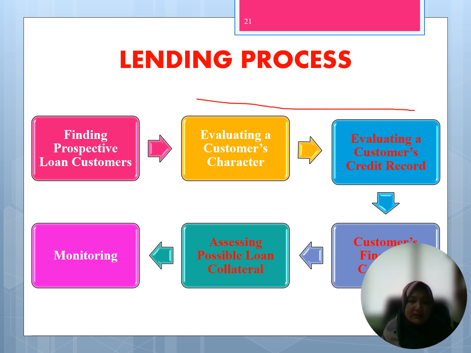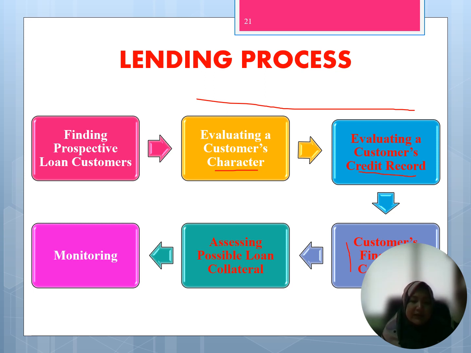They check on the character of the customer, check on the credit record, and check on the financial cash flow. This is to ensure the customer can pay back or has cash to pay the loans.